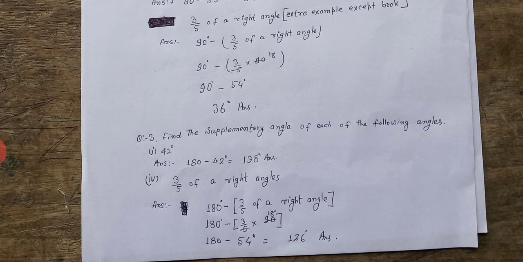Now question number 4, 3 by 5 of a right angle. What will be the supplement angle of 3 by 5 of a right angle? Then what will you do?